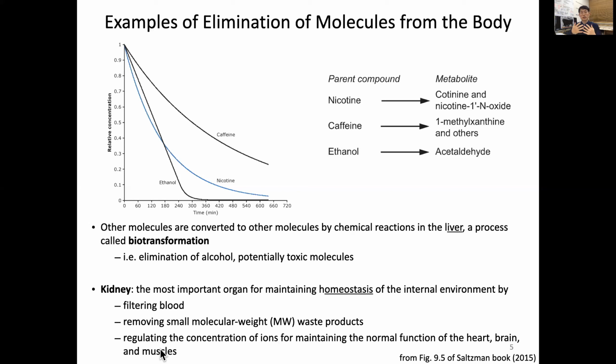Sodium concentration is high outside of the cell. For example, in the brain, for the neurons and cells, sodium concentration is about 10 times higher outside. And the kidney's function is to keep the concentrations of these very important ions in balance in our body.